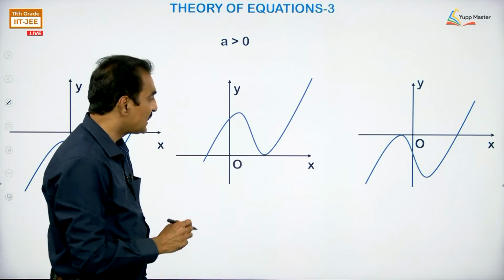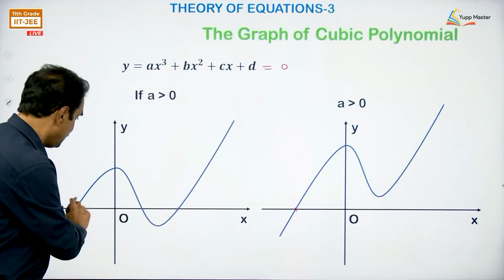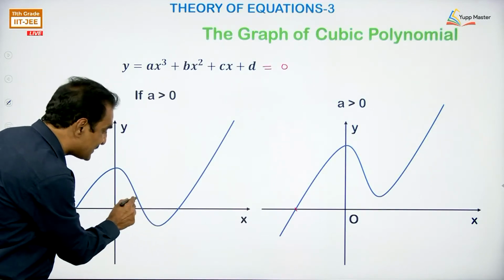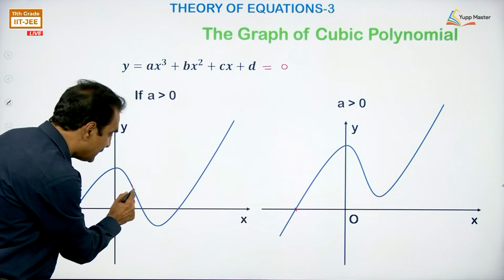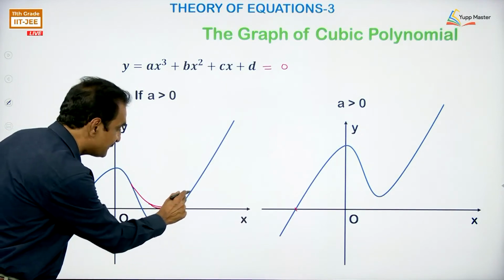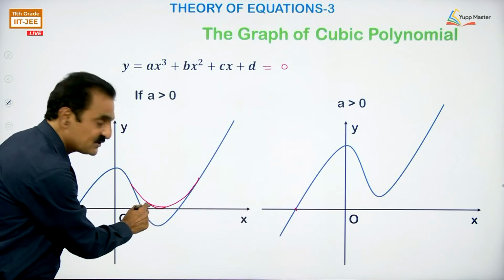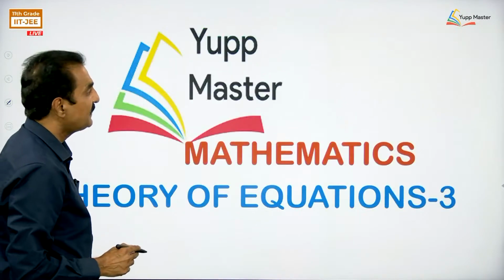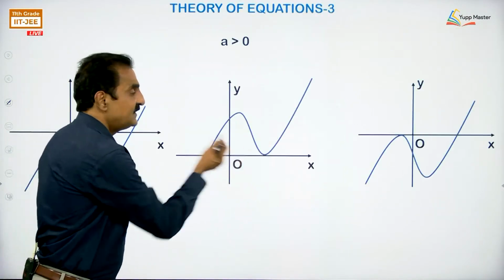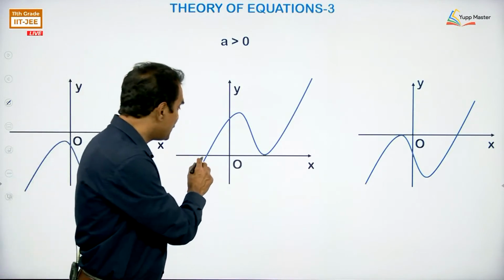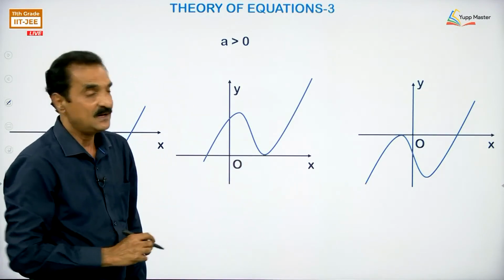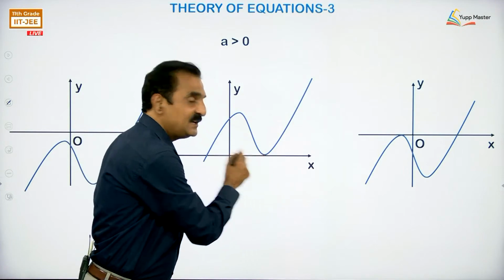In this case, what happens? See, here if these 2 points coincide, then the graph will be coming like this. Is it not? If these 2 points coincide, then we will get this case. So, in this case what happens? All 3 roots are real, but these 2 roots are equal.